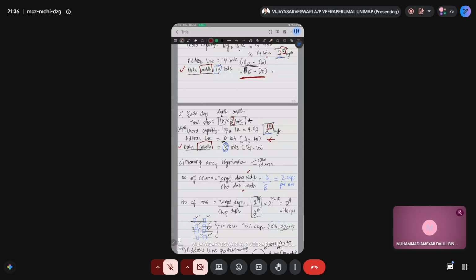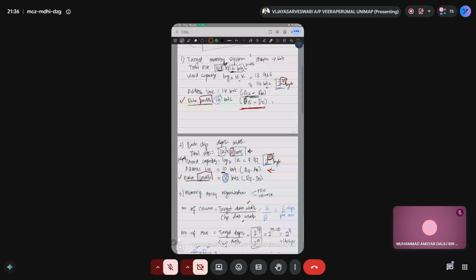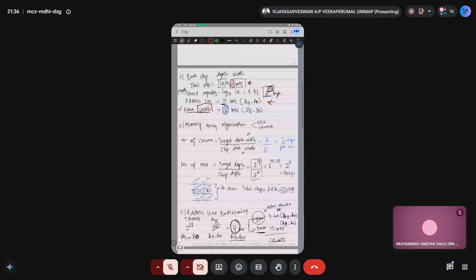For the number of rows, you take the depth, the word capacity. So take 2 power 14 divided by 2 power 10. You can just subtract, 14 minus 10, so you will get 2 power 4, which is 16.